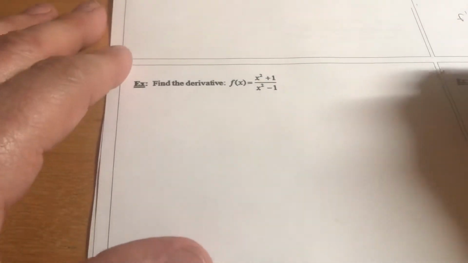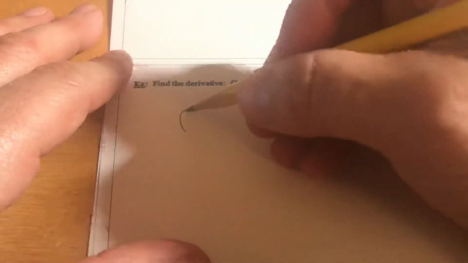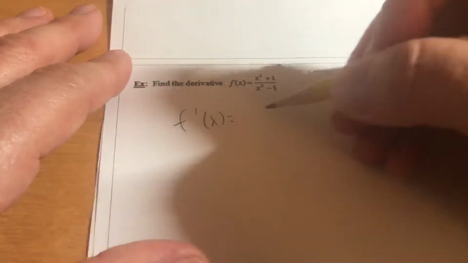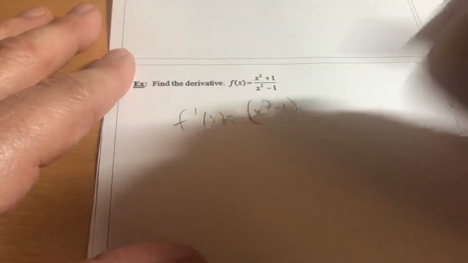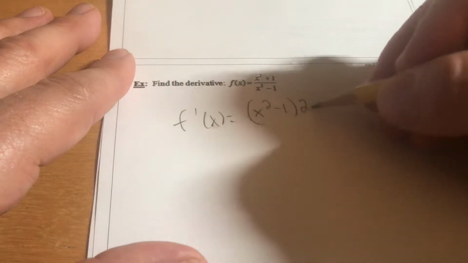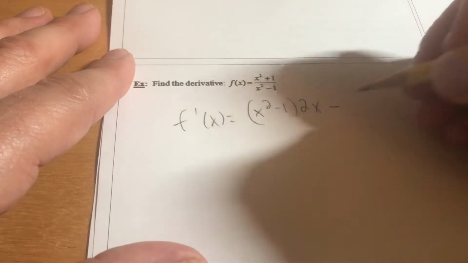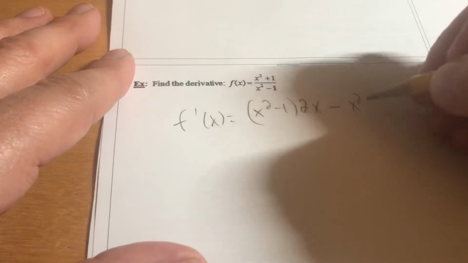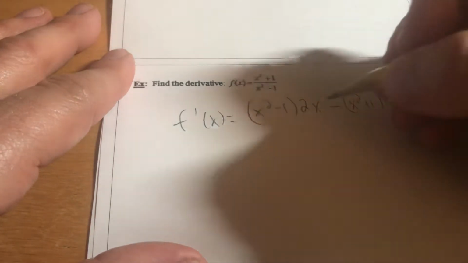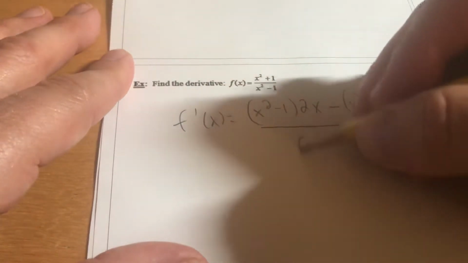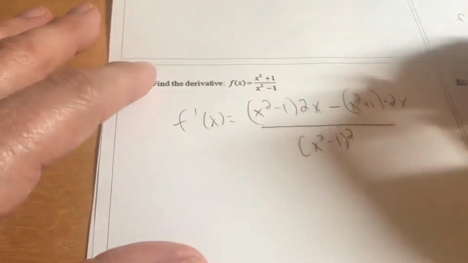All right, next one here. F prime of x: the bottom, times the derivative of the top, minus the top, times the derivative of the bottom, over the bottom squared.